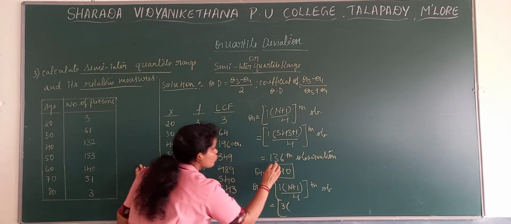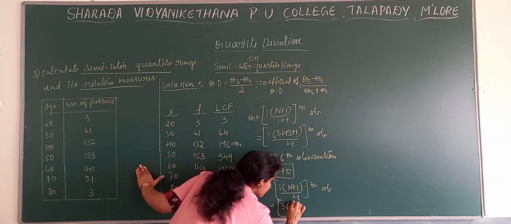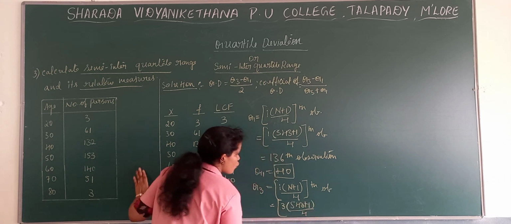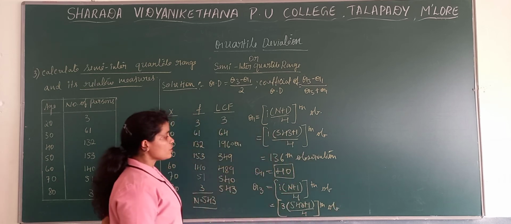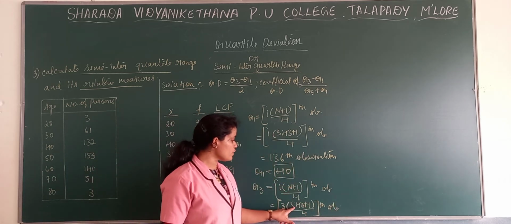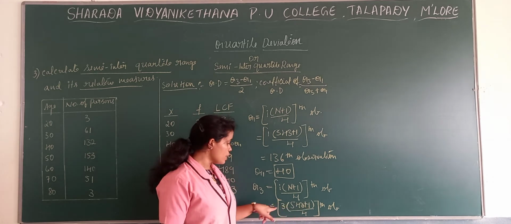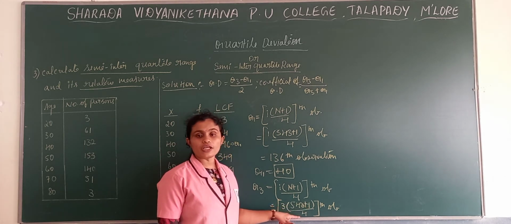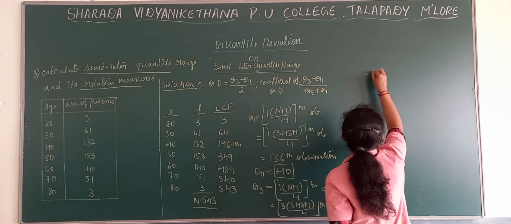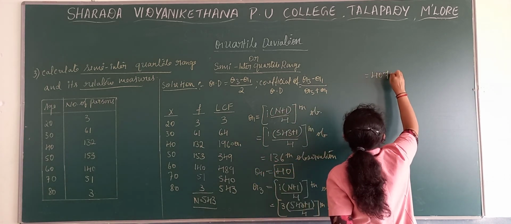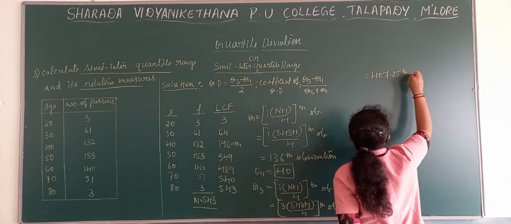So 3 into 543 plus 1 divided by 4th observation. So when we do so, what do we get? 543 plus 1, 544, into 3 divided by 4. We get there 407.25 observation.